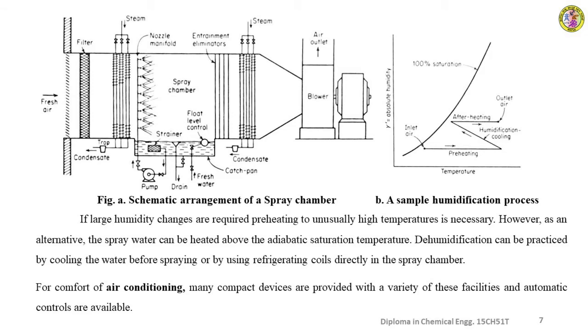Dehumidification, on the other hand, can be practiced by cooling the water below the dew point of entering air, so that the air is also cooled below dew point, whereby some of the moisture gets condensed and removed, and thereby dehumidification takes place.